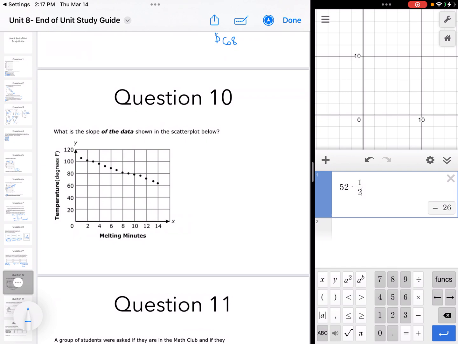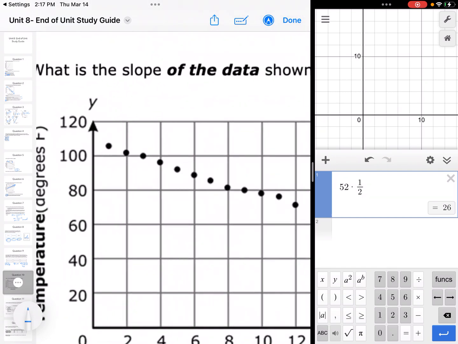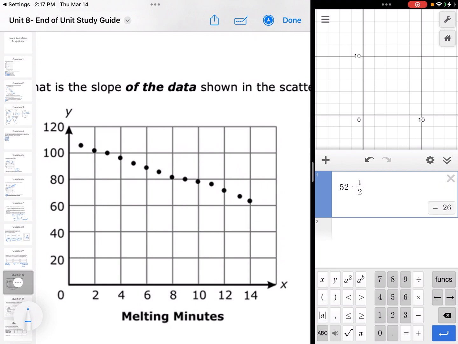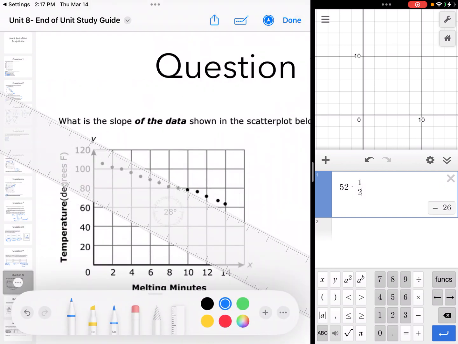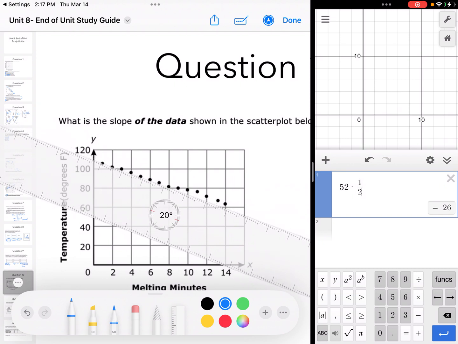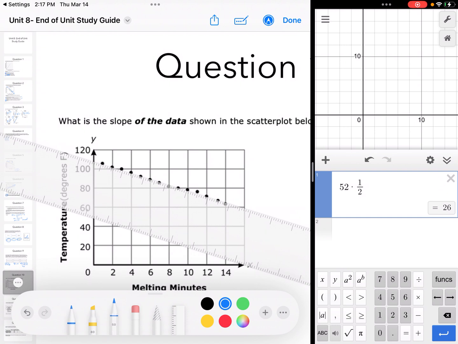Okay, what is the slope of the data? So if I'm looking at my line of best fit, let's just grab out my ruler again. Well, I know it's going to be a negative slope. Okay, that's about as good as she's going to get.